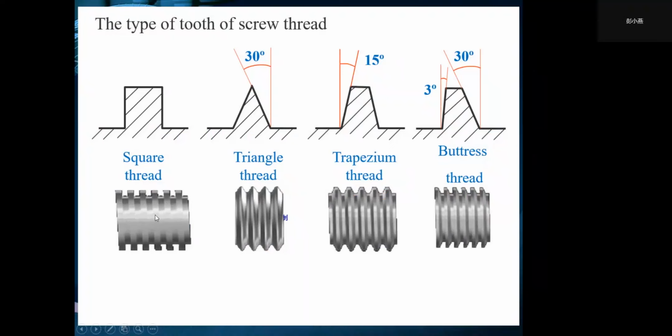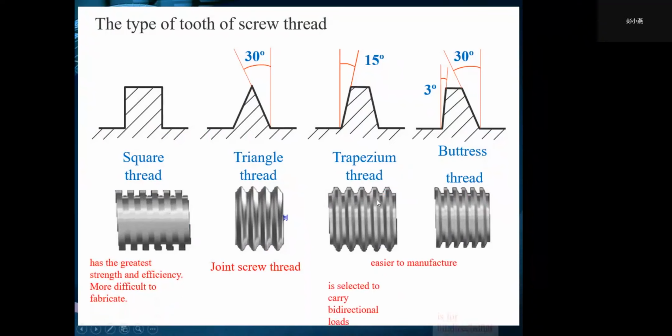By comparison, trapezium thread and buttress thread are easier to manufacture. Trapezium thread is selected to carry bidirectional loads, and buttress thread is for unidirectional loading.